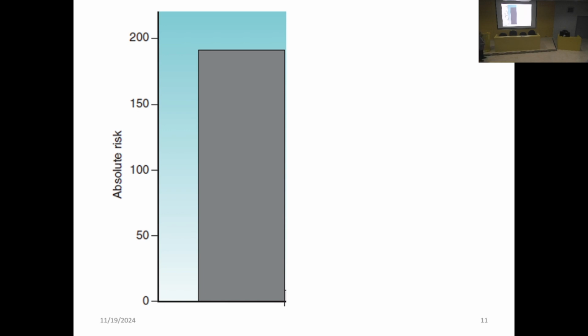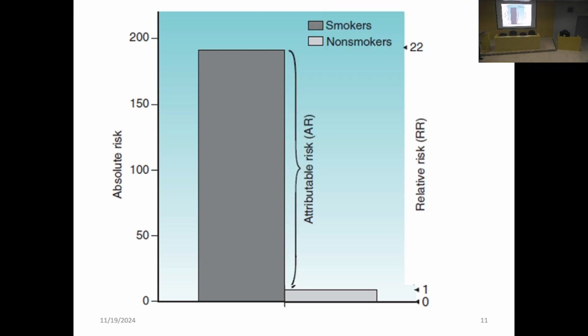Let's see this example. We have the incidence among smokers and the incidence among non-smokers. What is the risk difference? The big one minus the small one. The attributable risk is really this big risk minus the small risk.